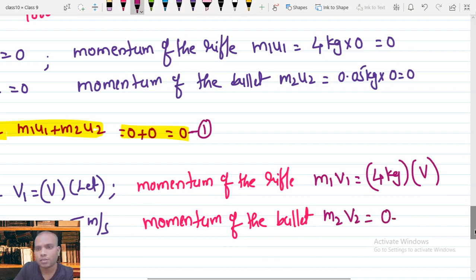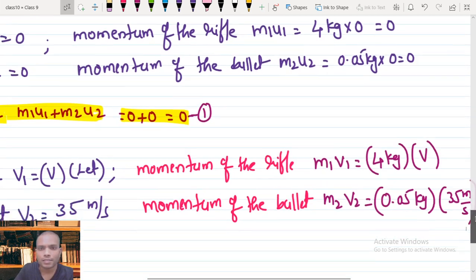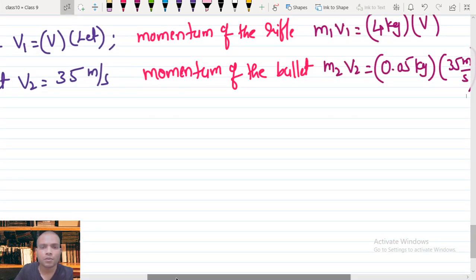So mass of the bullet 0.05 kg and velocity of the bullet 35 meter per second. Now we need to calculate the total momentum after firing.